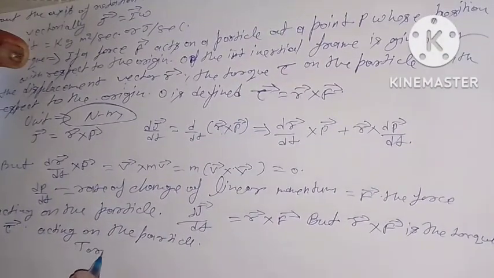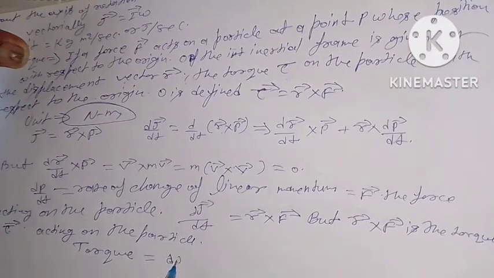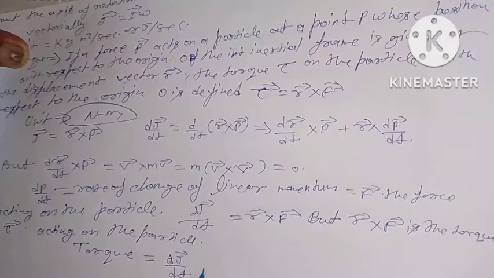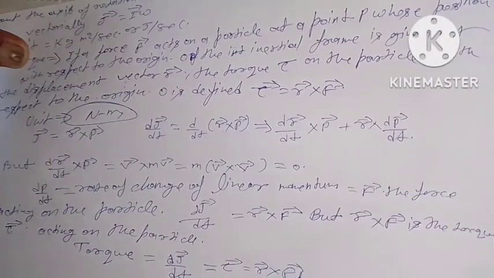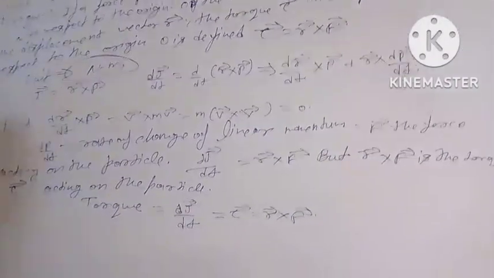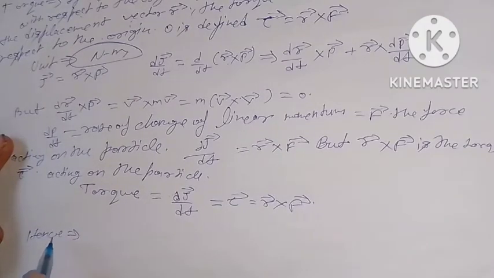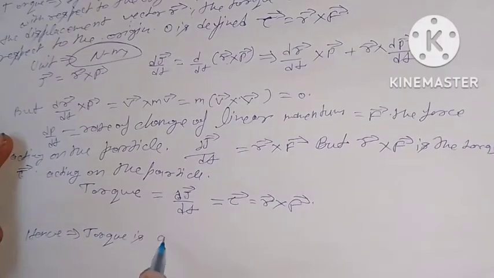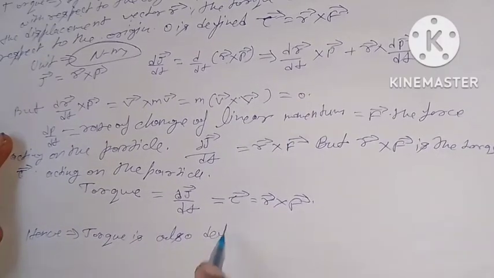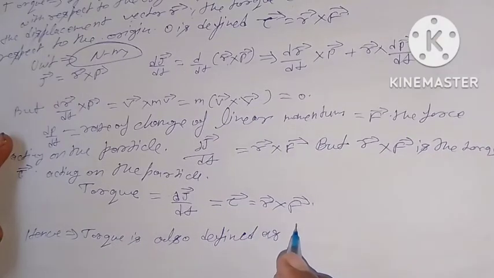So torque equal to dJ upon dt equal to tau equal to vector r cross vector F. Hence torque is also defined as the time rate of change of angular momentum.